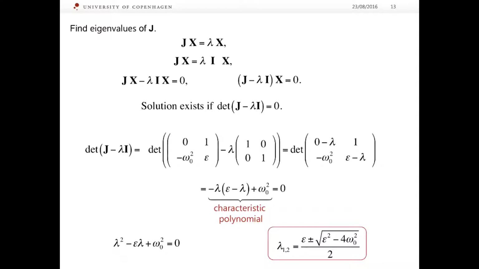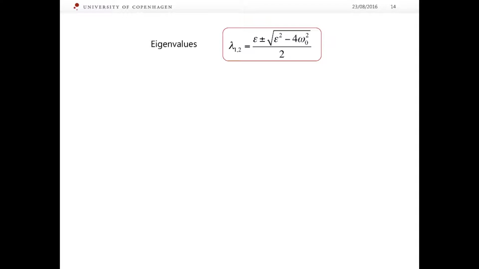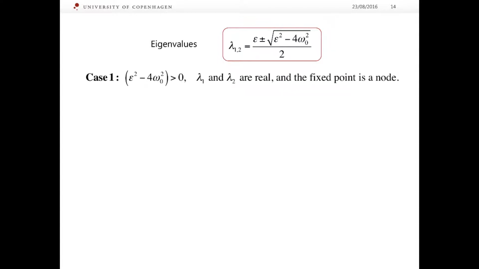Now consider all possible values that our eigenvalues can take. In this slide, at the top, I rewrite the expression for eigenvalues. Consider the first case. Suppose the expression under the square root is positive, and that means that the square root itself is going to be a real number.